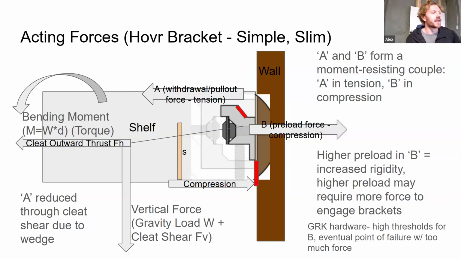And basically what that does is that wedge will introduce an additional vertical force for cleat shear, which kind of reduces that withdrawal or pull-out force, increasing those weight efficiencies and making sure that the force is kind of evenly distributed between the bending moment and also that wedge there, sort of adding to the cleat outward thrust there, which is that arrow going straight out, but also adds to the vertical force and then decreases that A force, the withdrawal or pull out force, right?